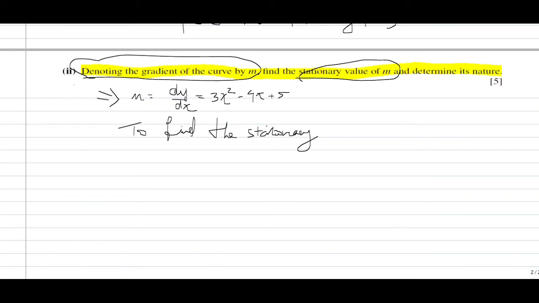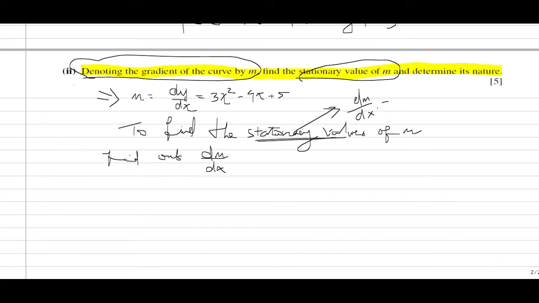So differentiate m with respect to x and find dm by dx. Why? Because a stationary value means dm by dx is equal to 0.